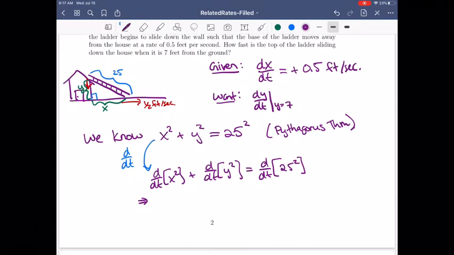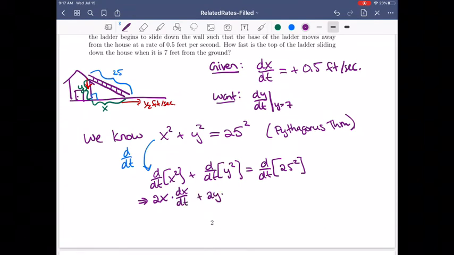The derivative of x squared is 2x times dx/dt. Similarly, y squared has derivative 2y times dy/dt. And since 25 is a constant, the length of the ladder is never changing, so that derivative is 0.